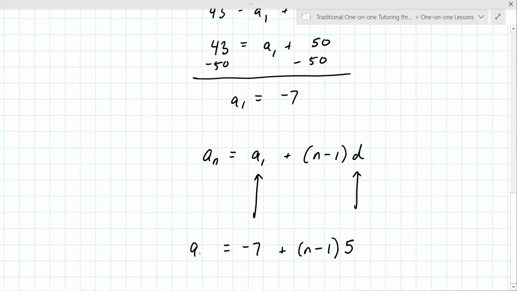So in your first box where you see an equals -7 plus n minus 1 times 5, this is what you have to enter. So what I'd like you to do is enter that and then share your screen, and I'll show you how to find the first 6 terms and graph as well. Okay.